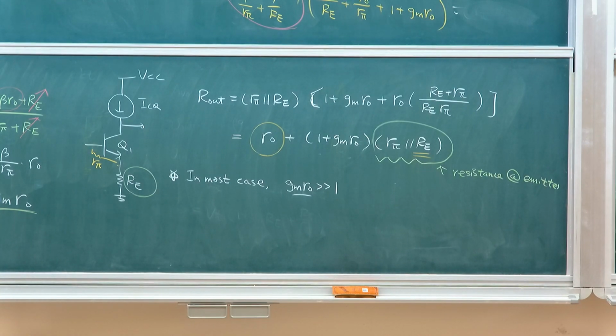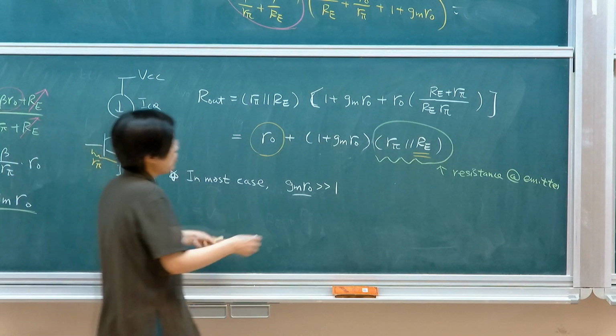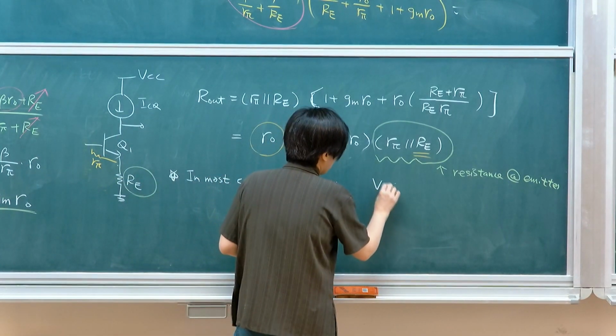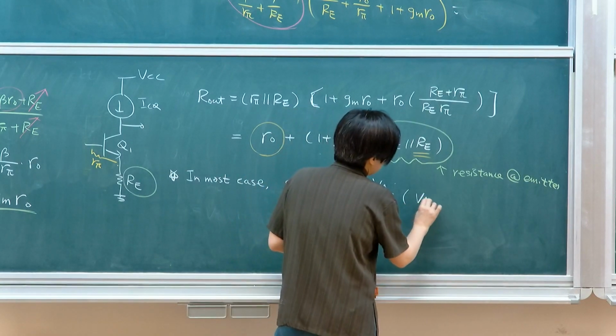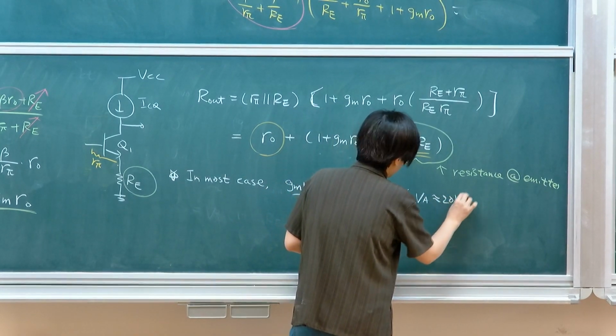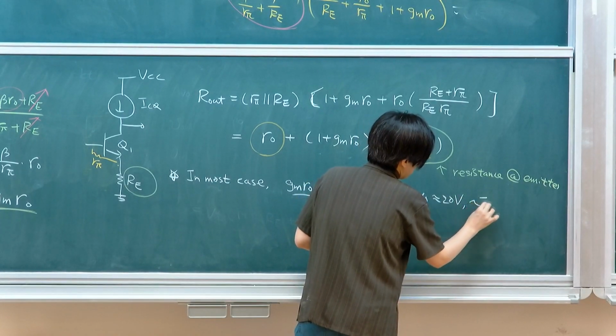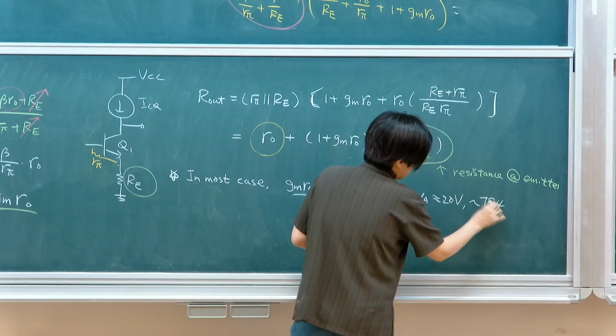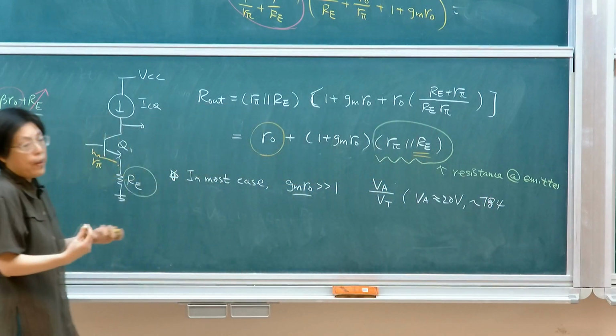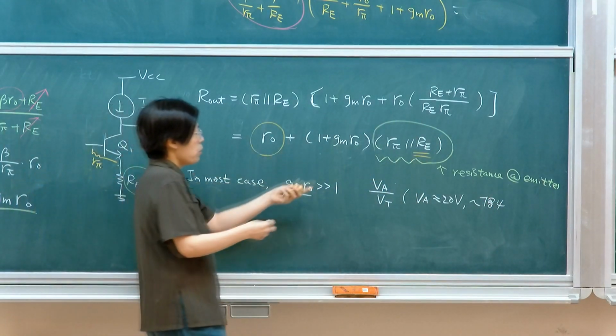So for a typical VA of like 20 volt, for example, it's about 700. Once again, GMRO equals VA divided by VT. So if it's 20 volt, then this will be approximately 780 something, 784. Just get a number. So it's a very high number compared to this.